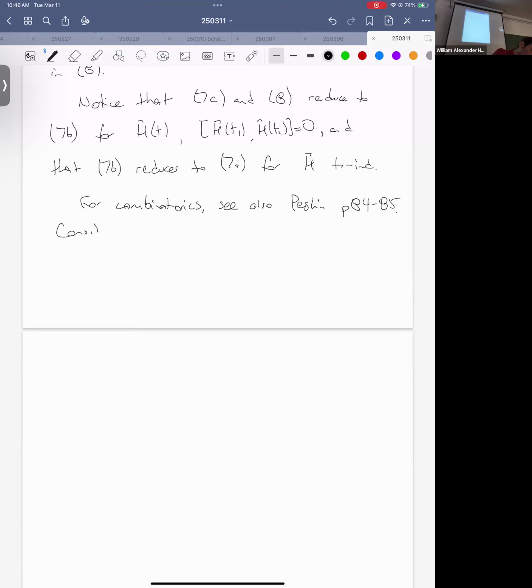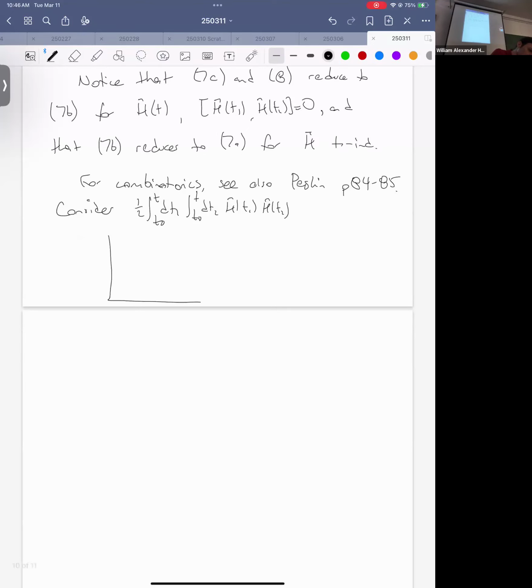But consider the integral t0 to t dt1, integral t0 to t dt2, the Hamiltonian t1, Hamiltonian t2 with a factor of a half. So this is supposed to be a square. So this is, say, t1, and this is t2, going from t0 up to t.